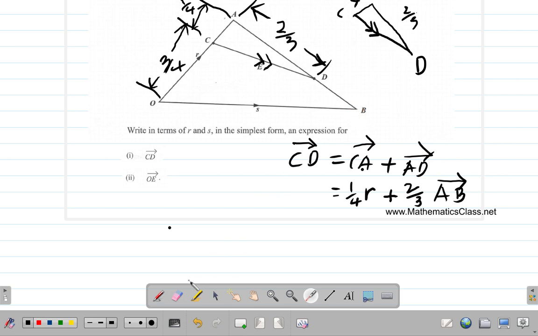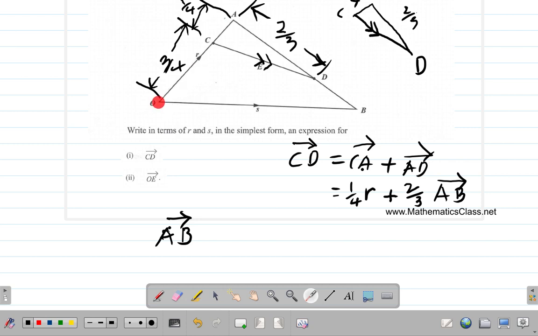Now, you must turn AB into R's and S. So AB equals, now look, A to B, you end up the same place as going from A to O, then O to B. When you go from A to O, how do you write that in terms of R?